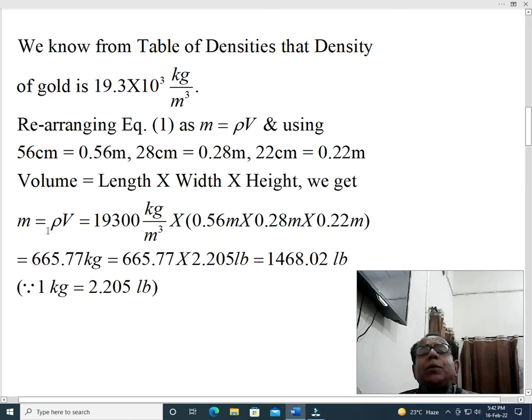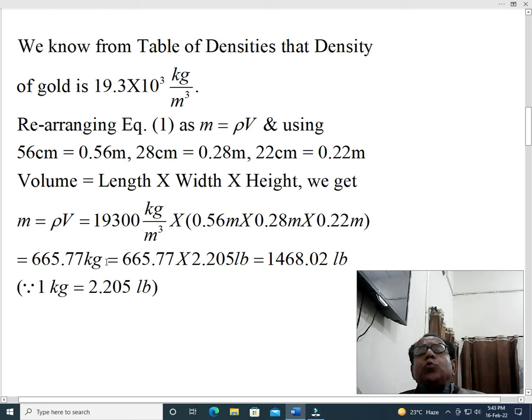We get m equal to rho into V. Rho is given from table of densities, which was 19.3 into 10 raised to the power 3. If we do not write it as 10 raised to the power 3, then it will be written as 19,300 kilogram per meter cube into all these three quantities will be multiplied: 0.56 meter into 0.28 meter into 0.22 meter. This will become equal to 665.77 kilogram.